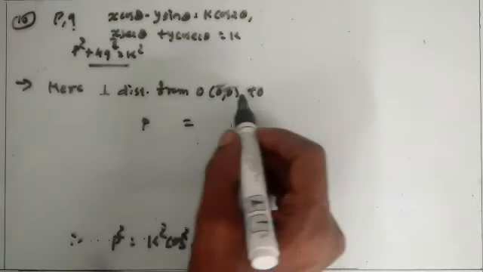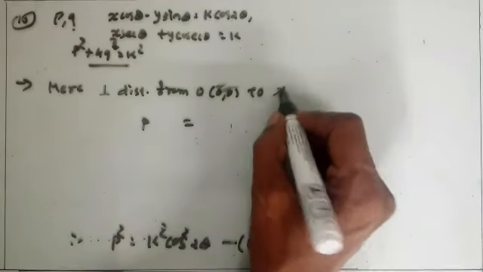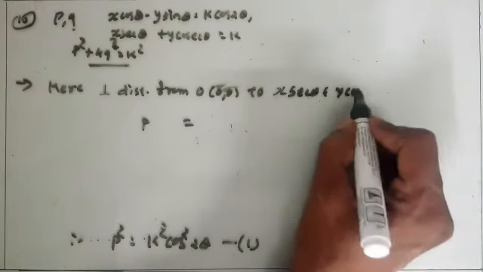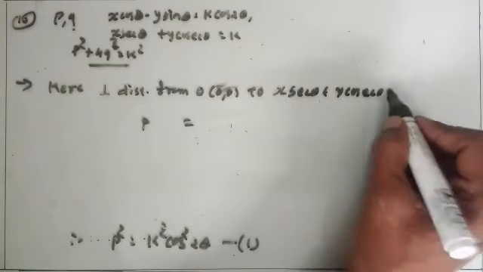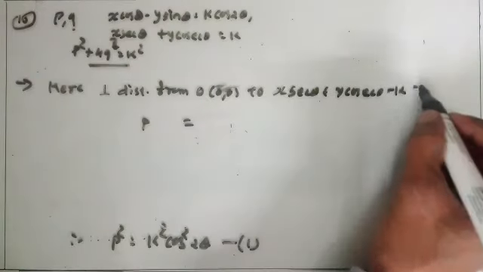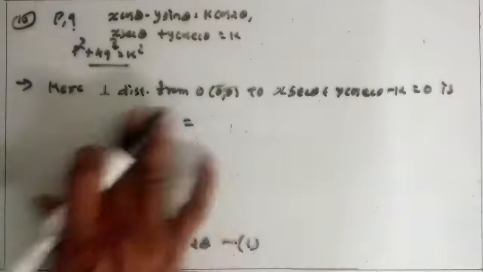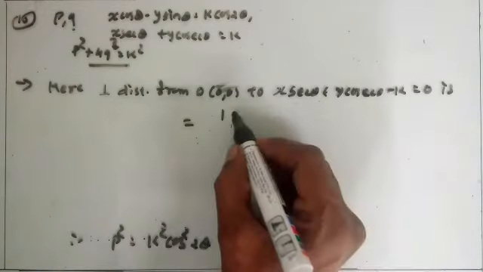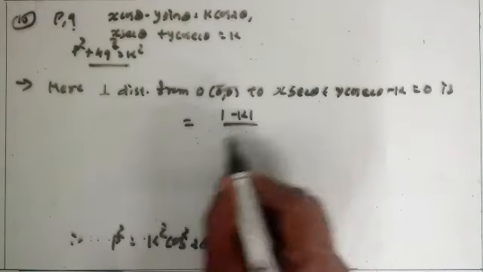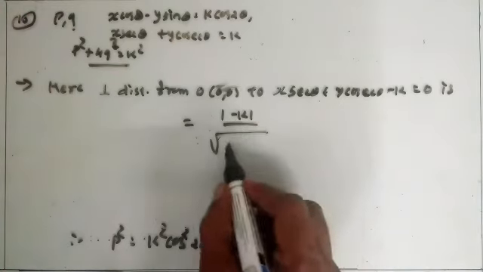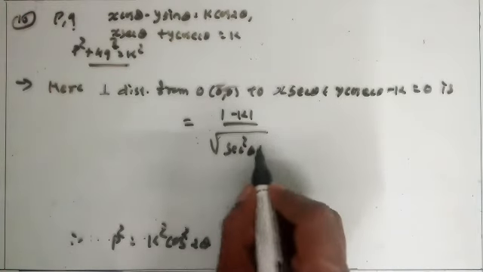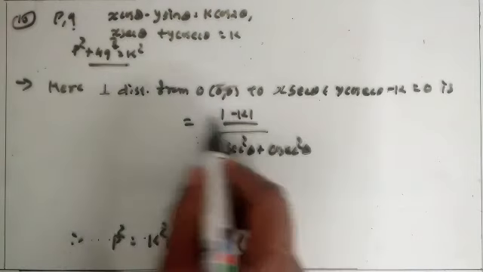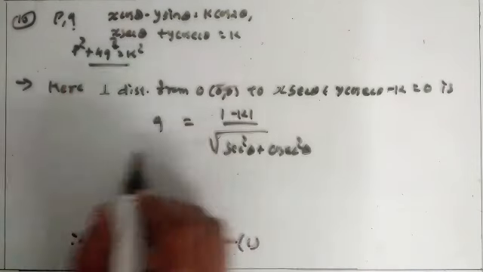Perpendicular distance from the origin to x sec theta plus y cosec theta minus k equals 0 is mod of c, here c is minus k, upon root of a square plus b square. Here a square is sec square theta plus b square is cosec square theta, and this is given as q, the perpendicular distance.